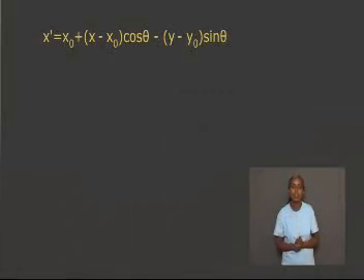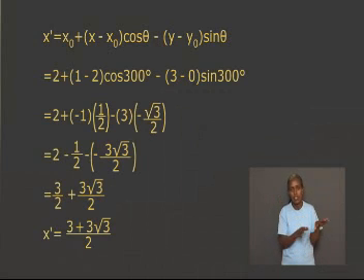Time's up! Let's get back to our lesson. Did you do well with this problem, students? If we use our formulas, we can substitute the values to find x prime.